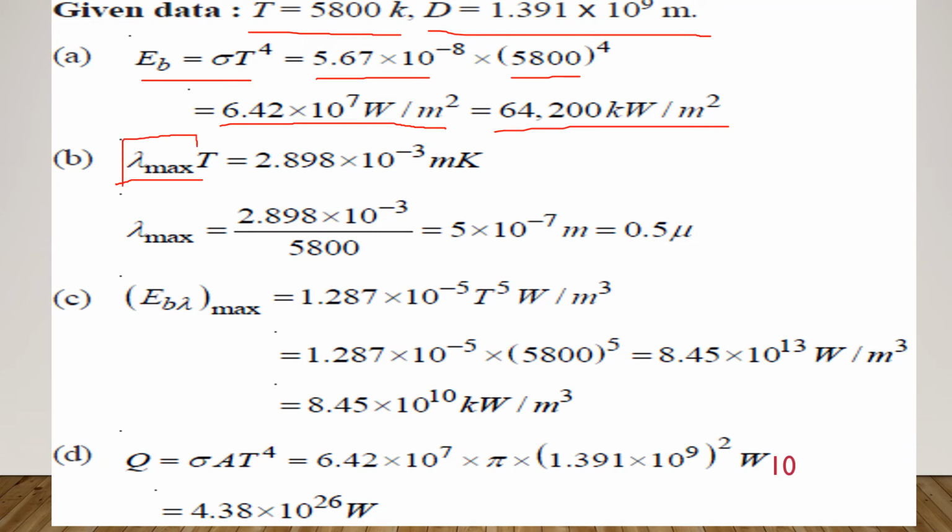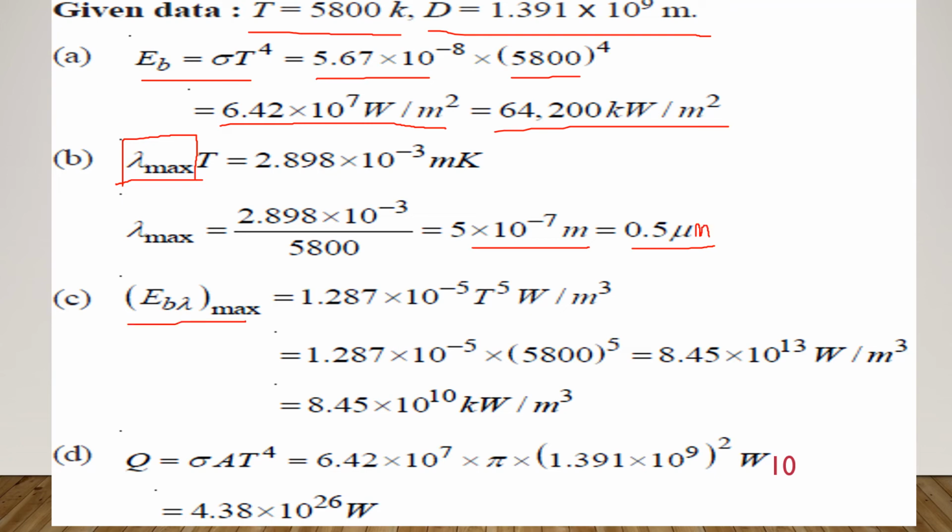Second, we have to find out the maximum value of wavelength. We have to find out lambda max. So lambda max into T is 2898, or you can say 2.898 into 10 power minus 3. So lambda max is 2898 divided by 5800, that is 5 into 10 power minus 7 meter, that is 0.5 micrometer.